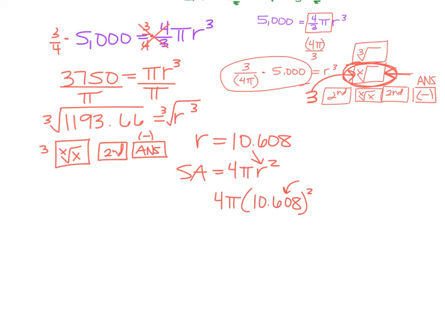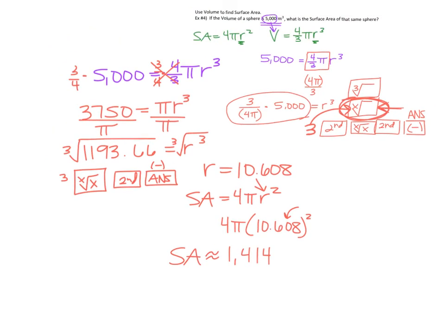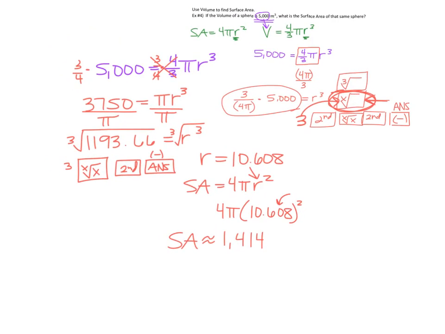We're not squaring the whole thing. So plug in 4 times pi times 10.608 squared, and you should be getting, for a surface area, and we're just going to round to the nearest whole number here, 1,414, and we were talking meters, so square meters.